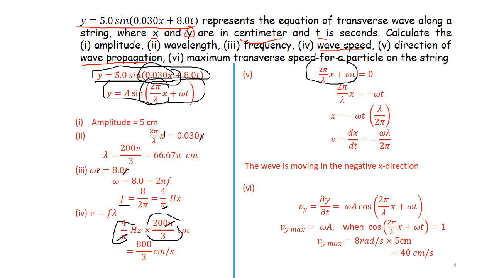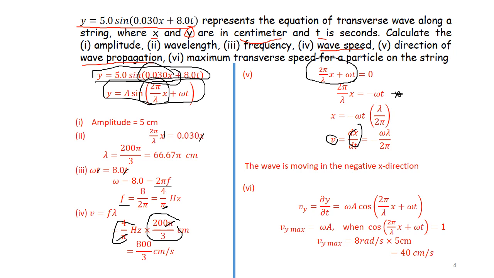And x over t is also velocity. So x over t, your formula, you equate them, divide both sides by t at this point. Divide both sides by t. So you have x over t here, which is equal to minus omega lambda over 2 pi.